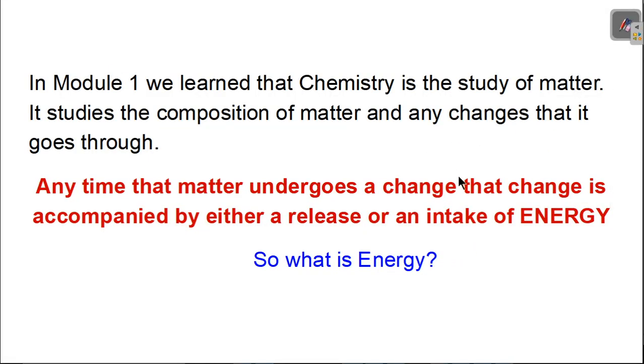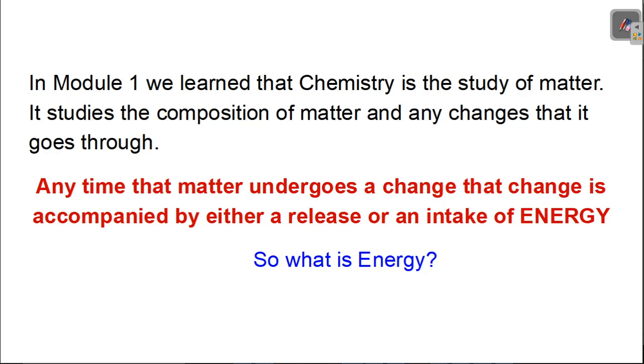Okay. In module 1, we learned that chemistry is the study of matter. So chemists study matter, and matter was anything that took up space and had mass. If you remember that, you should remember that. And it also studies any changes that substance goes through. So maybe a state change from gas into liquid into a solid and back to liquid and to gas.